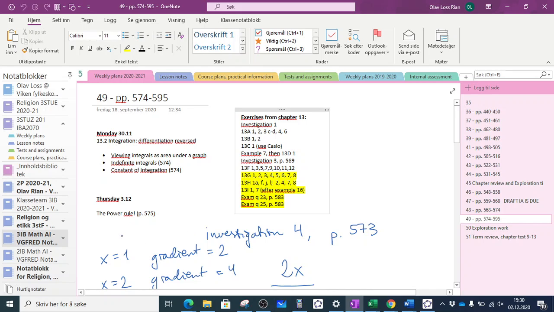And we always try to rewrite this so we get it on the form ax to the power of n. So we need to make sure that it looks like this.